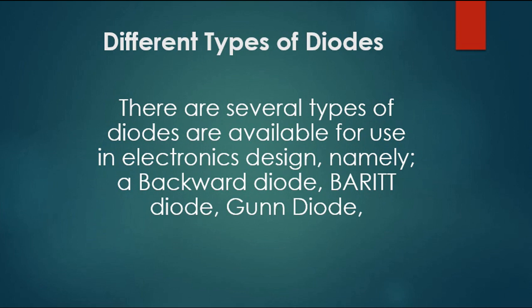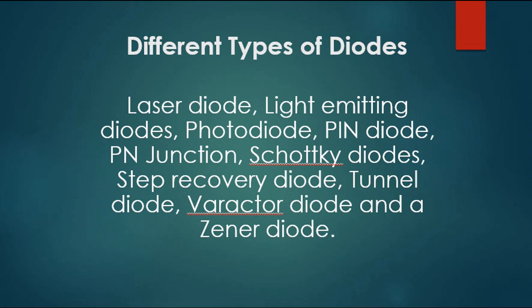So the types of diodes available for use in electronics design are namely the backward diode, the Barrett diode, Gunn diode, laser diodes, light emitting diodes, photodiodes, PIN diode, PN junction diodes, Schottky diodes, step recovery diode, tuner diode, varactor diode, and the Zener diode.